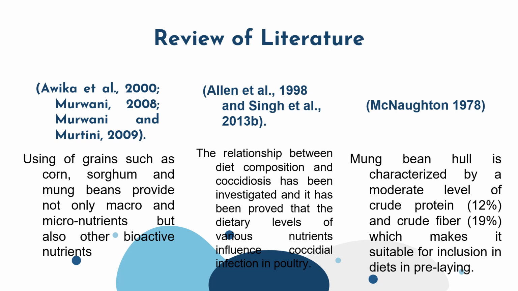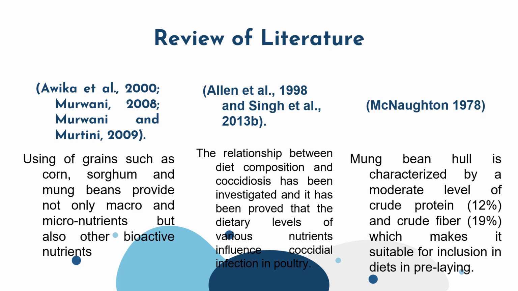Second one is from Allen et al. in 1998 and Singh and others in 2013, which states that the relationship between diet composition and coccidiosis has been investigated, and it has been proved that the dietary levels of various nutrients influence coccidial infection in poultry.